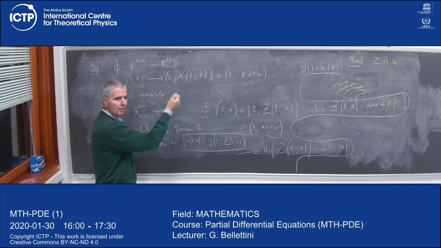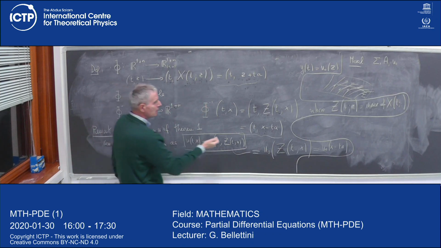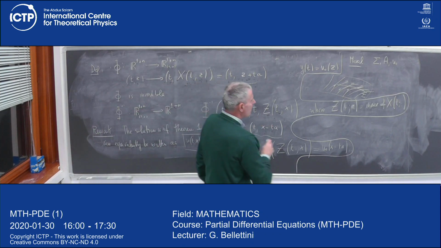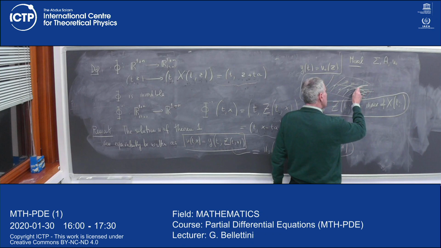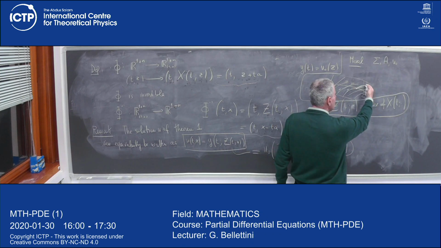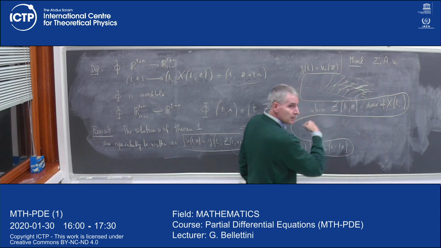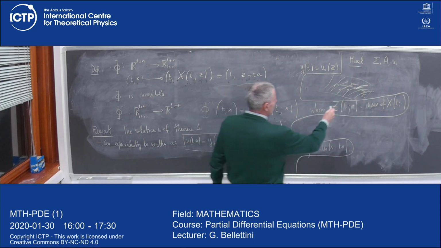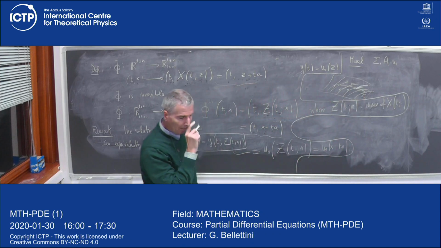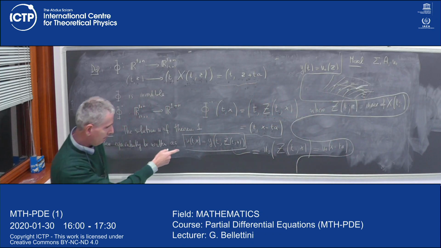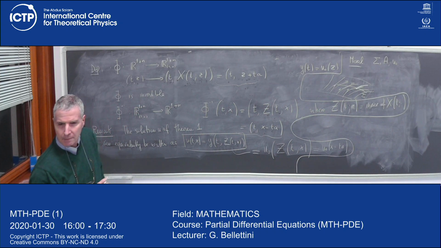This diffeomorphism can be inverted, producing this, and my solution at this point will be the value of U0 going along the inverse, capital Z, and computing U0 at this point. This is the model.